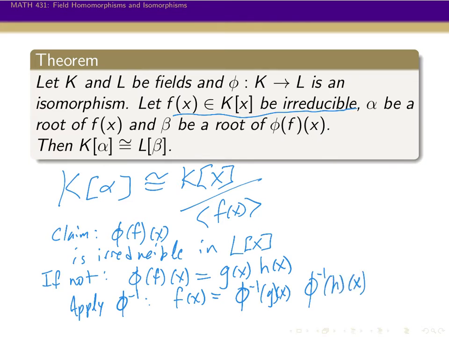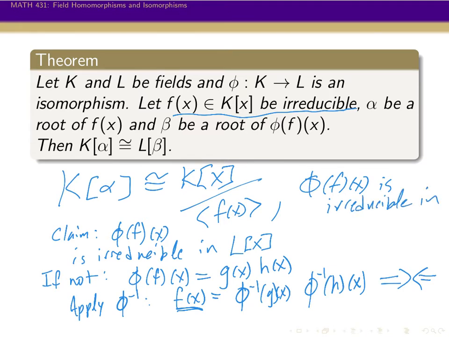But since phi inverse is an isomorphism, this would give a non-trivial factorization of f of x. And so that's a contradiction. And so we know then that phi of f of x is irreducible in L adjoin x. And so now let's clean up some space here.